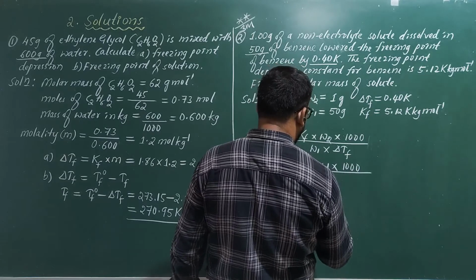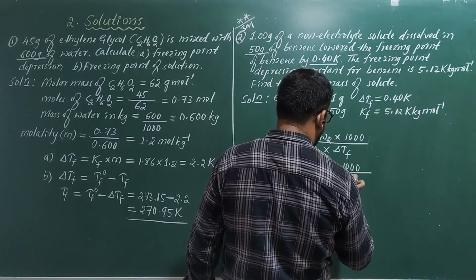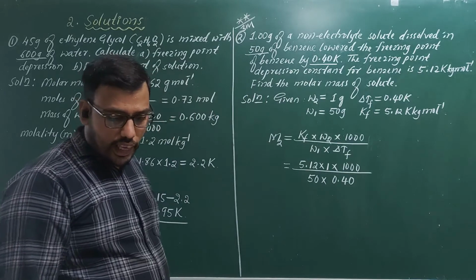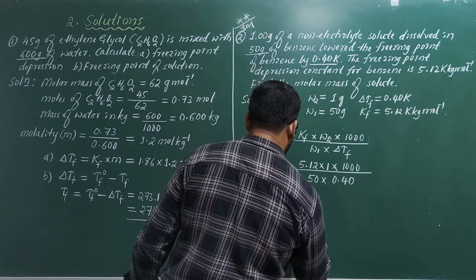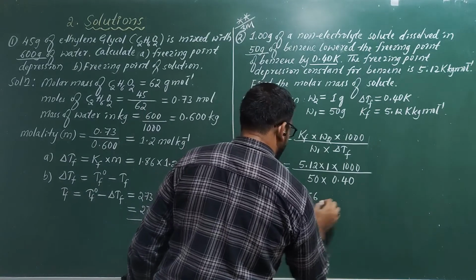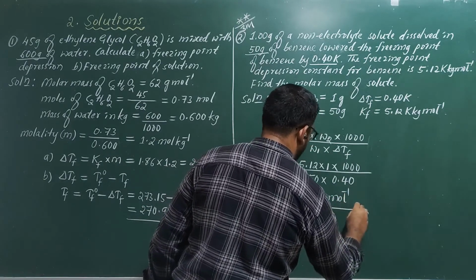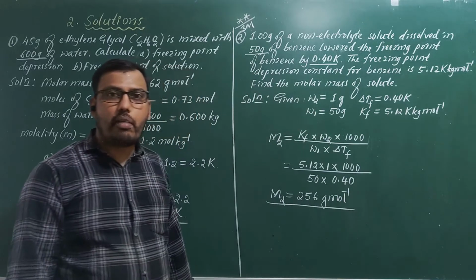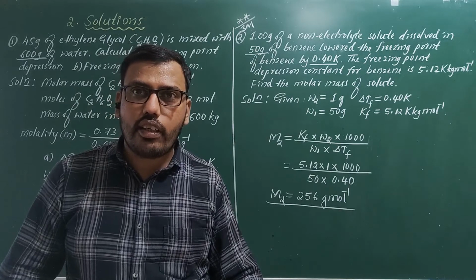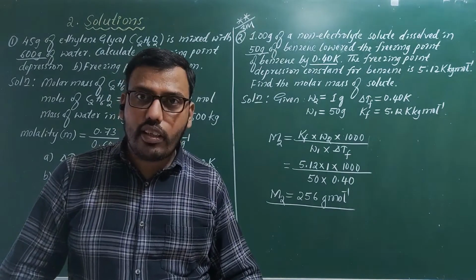W1 is 50 into delta TF value is 0.40. If you solve, you will get 256. The value will be 256. And what is the unit of molar mass? It is gram per mole. So this is about a simple problem for 3 marks in the examination based on depression of freezing point.